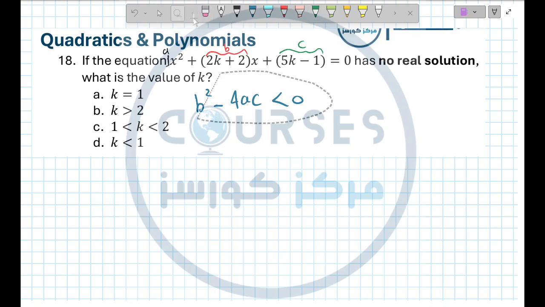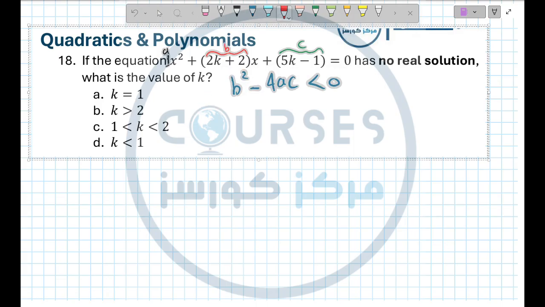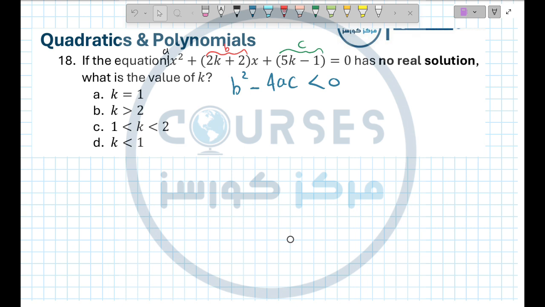Okay, this will be a bit long, but just concentrate. So b squared is 2k plus 2 squared, minus 4 times a, which is 1, times c, which is 5k minus 1.